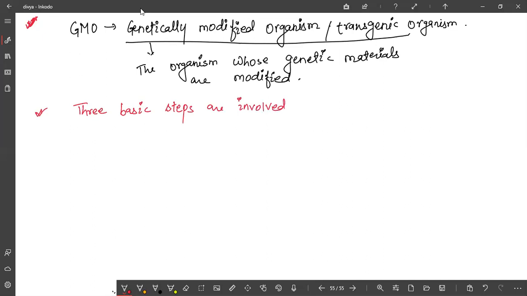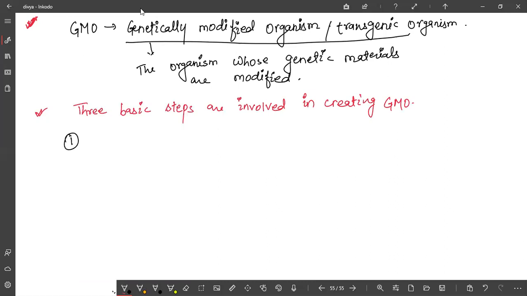These three steps are to modify the genetic material of the organism, for creating a GMO, a genetically modified organism.